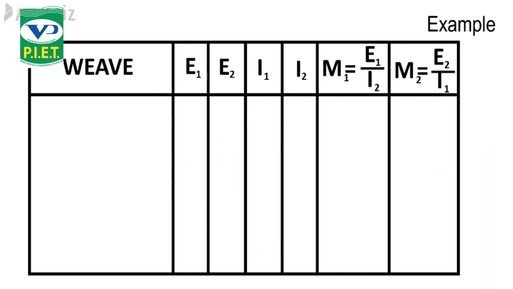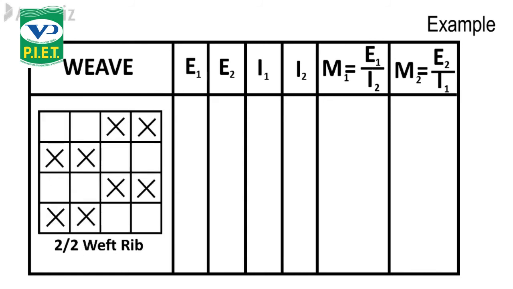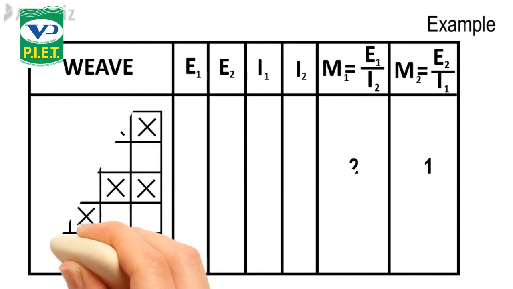Now take other example, that is 2 by 2 weft rib. We can see that E1 is 4, E2 is 2, I1 is 2, I2 is 2. So M1 is equal to 2 and M2 is equal to 1.